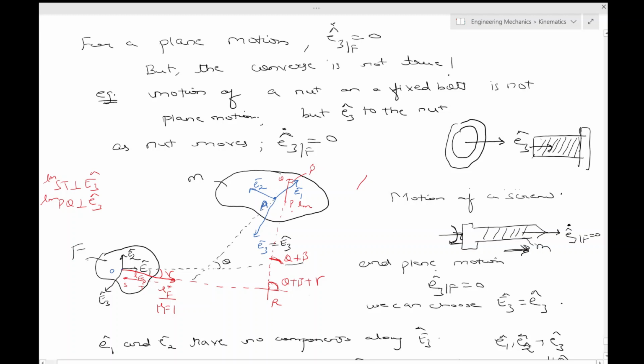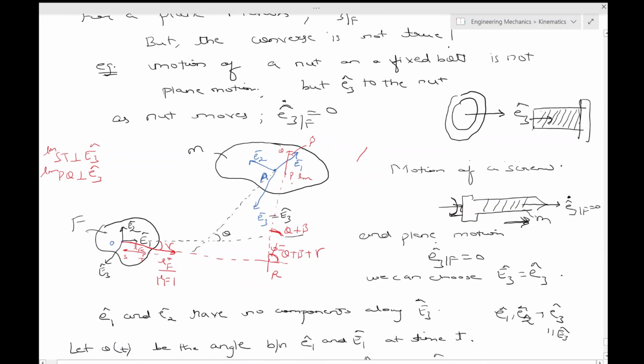LM is perpendicular to small e3 fixed in M, and relative to any line LF perpendicular to big E3 fixed in F. Because this angle phi is the change of LM with respect to LF, if you look at this figure, phi dot will be equal to theta dot plus beta dot plus gamma dot.